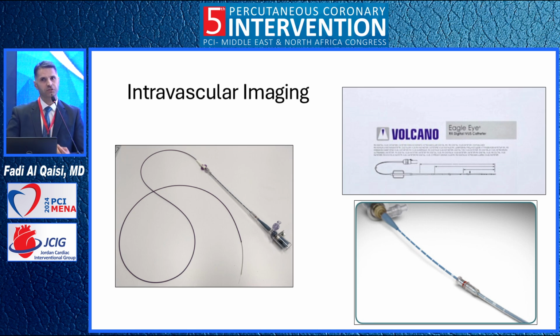What are our tools for intravascular imaging? We have the OCT. The OCT is a very beautiful device. It's a small device that moves inside a sheath and does not have direct interaction with the artery. We do not have it in Jordan. The other one is the Volcano device. It's a bulky ultrasound that goes inside the artery, but it has its own movement and direct interaction with the artery.